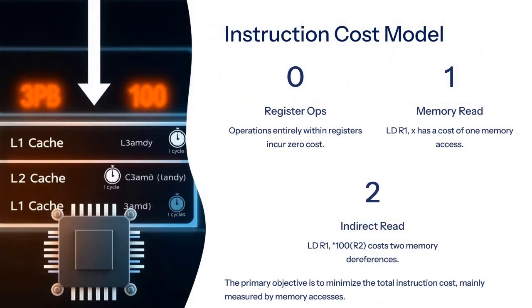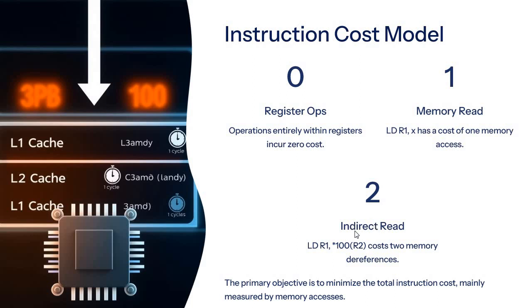Finally, let's look at the instruction cost model. It is used to estimate how expensive different operations are in terms of performance. First is register operations. Register operations are the cheapest and have a cost of 0 since no memory is involved. Next is memory read, like load R1, X, which has a cost of 1 due to a memory access.